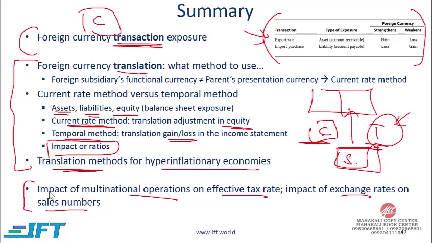And then finally, part 3, when a company has multinational operations, then the tax rates of the subsidiaries obviously impact the overall effective tax rate of the parent company. And also when a company has operations in different parts of the world, then the ultimate sales number which is reported is impacted by exchange rates.